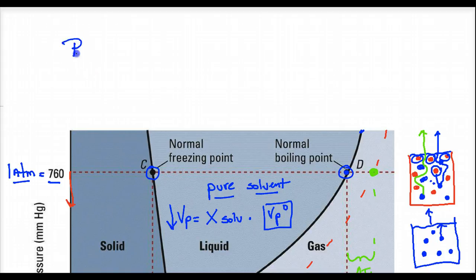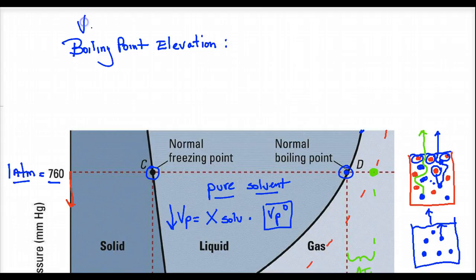So we have boiling point elevation, and I can spell elevation, and its direct result from vapor pressure lowering.